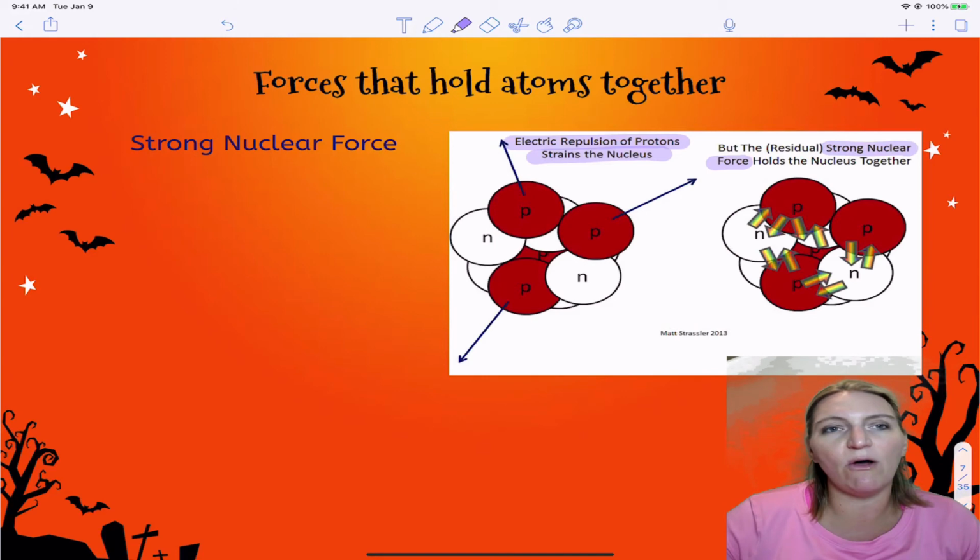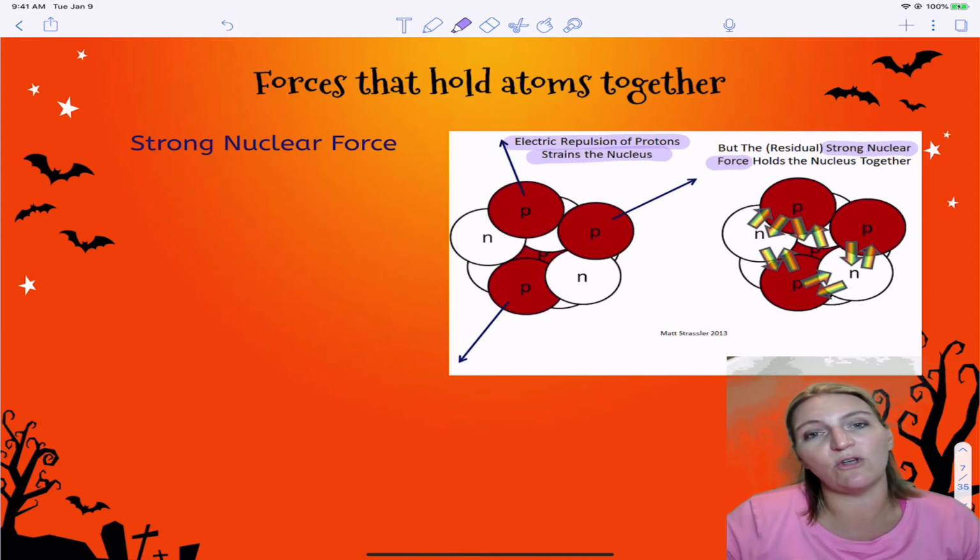It works only over very short distances, around the size of a neutron or a proton, and it is independent of the charge of the particle. So it will hold 2 neutrons together, it will hold 2 protons together, it will hold a neutron and a proton together. It does not matter what the charge is.